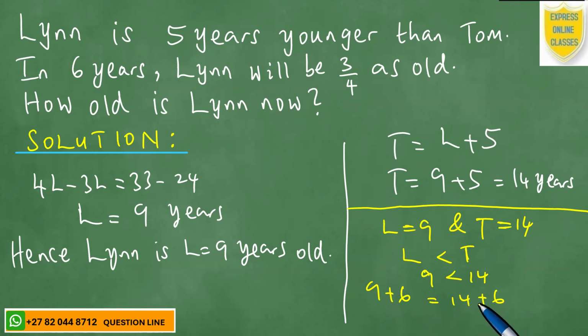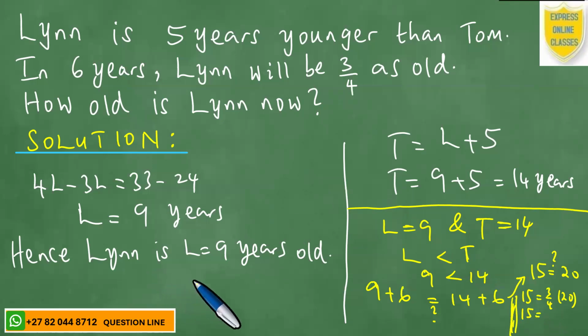What exactly do we get from this? 9 plus 6 is 15, and 14 plus 6 is 20. Now we want these to be equal, so if you have 15 and you have 3/4 of 20, what is the answer?